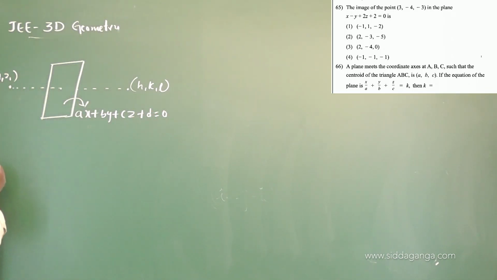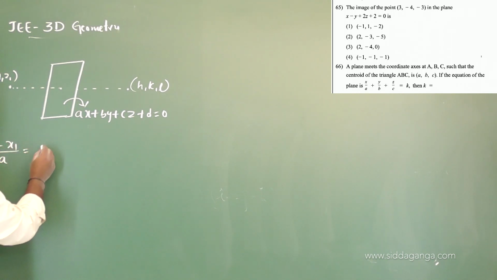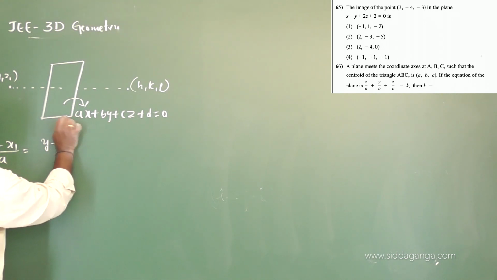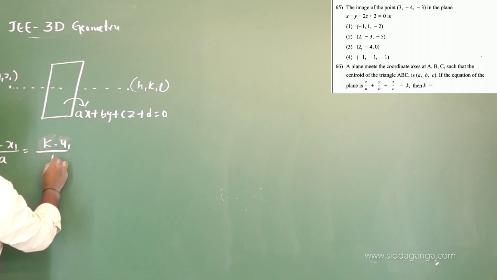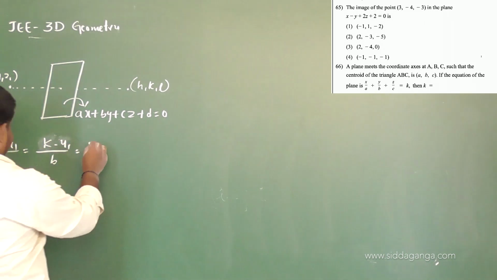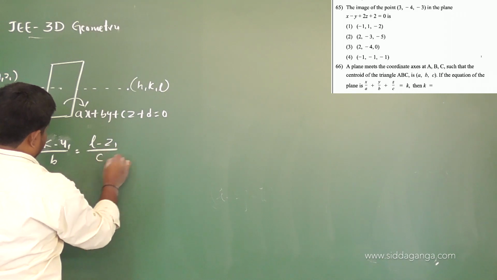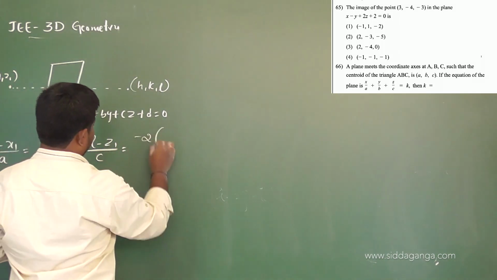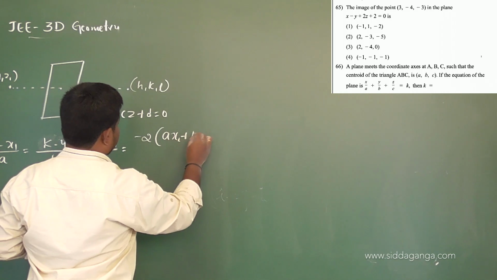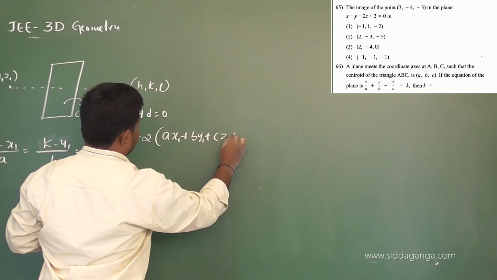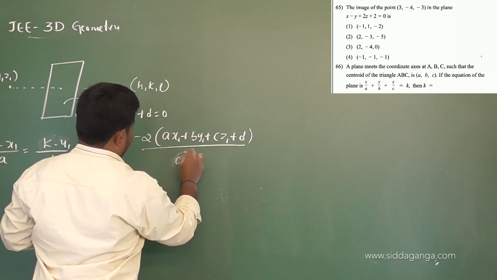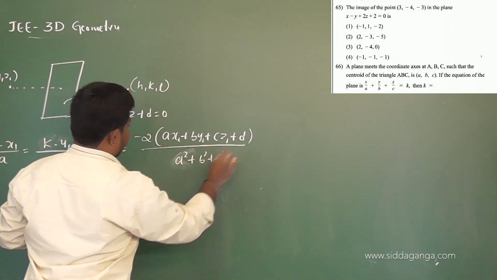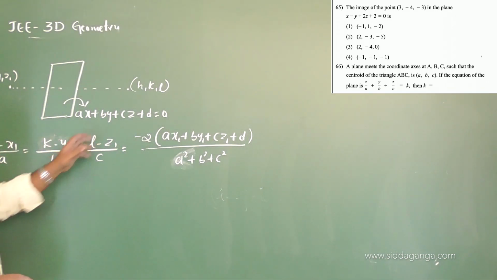Now, there is a result: (h minus x1) by a, equal to (k minus y1) by b, that is equal to (l minus z1) by c, that is equal to minus 2 times (a x1 plus b y1 plus c z1 plus d) whole divided by a square plus b square plus c square. By using this result, you can find h, k, l.